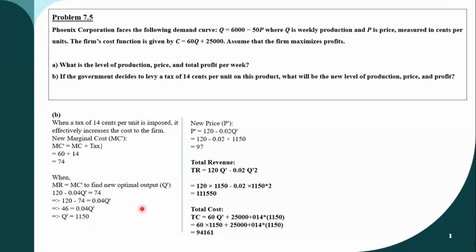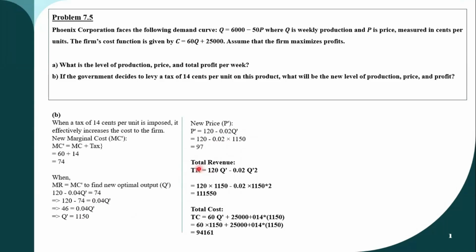After this, we can also find the new price. We have already found the new price function is 120 minus 0.02Q bar. If we put in the value of Q bar, which is 1150, then we can easily find the new price, which is 97.